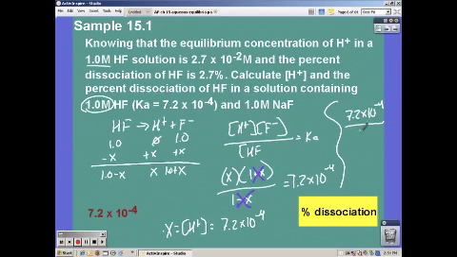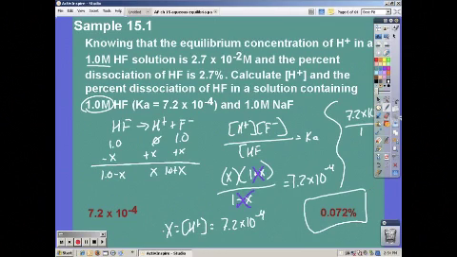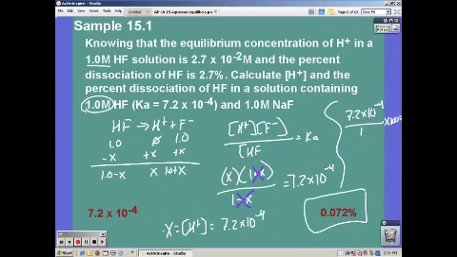So we put our H over our original concentration of 1 times 100 gives us our percent dissociation of 0.072. Notice this is much less than if we had HF by itself, in which case it would have been 2.7%.